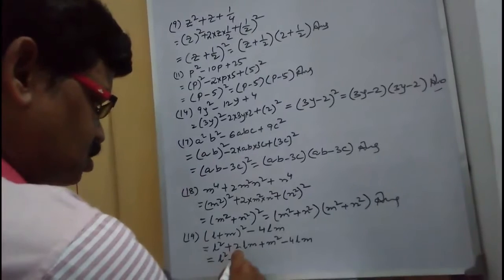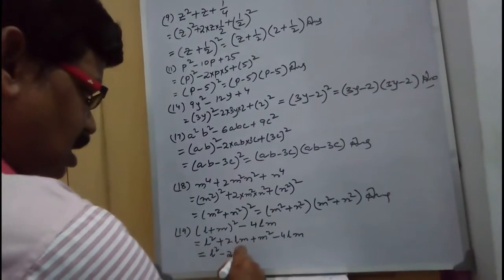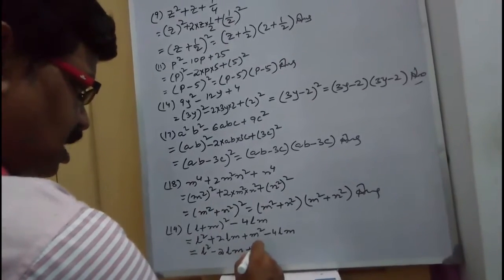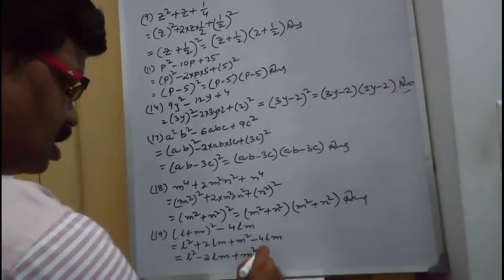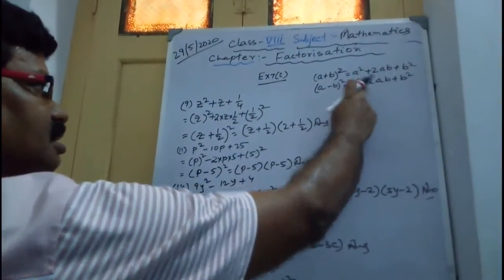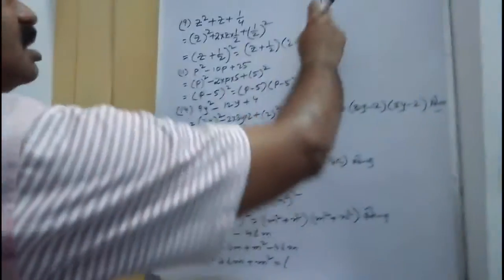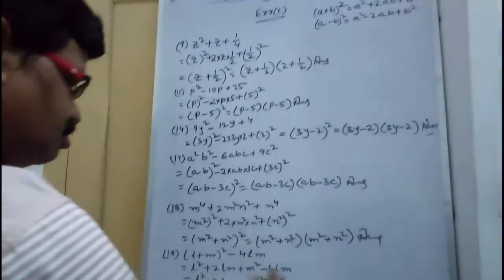So minus 2lm plus m square. This one matches with that identity. So you write that part. In place of a, here is l. In place of b, here is m.